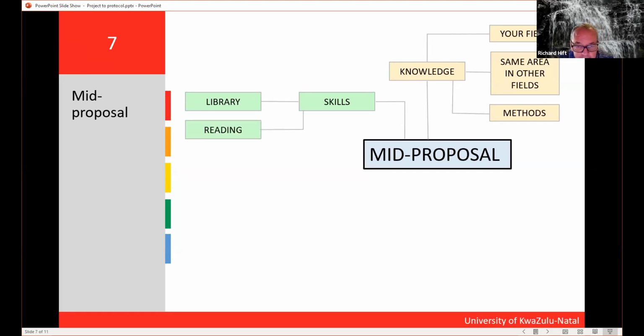Reading skills. Can't stress that one enough. Okay, the ability to read a paper and say, good science, bad science. Okay, reasonable interpretation of their data, rather fanciful interpretation of their data.